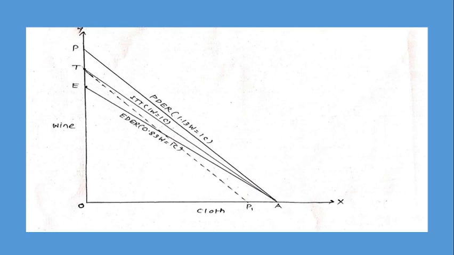TA represents the international terms of trade between the two countries, assuming 1 unit of wine is equal to 1 unit of clothes. Further, TP1 line is drawn parallel to PA line, which denotes Portugal's domestic exchange ratio: 1 unit of wine is equal to 0.89 unit of clothes.